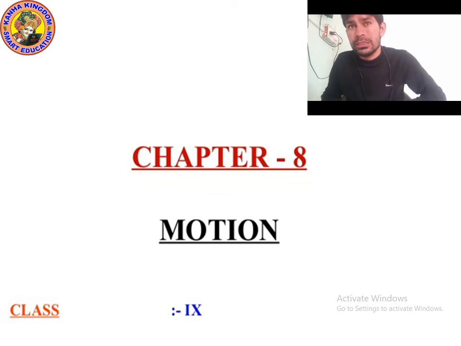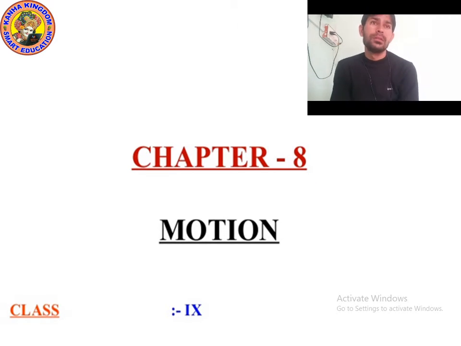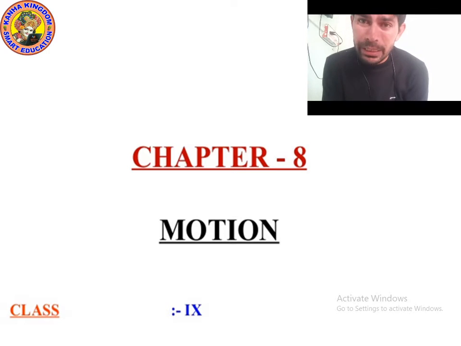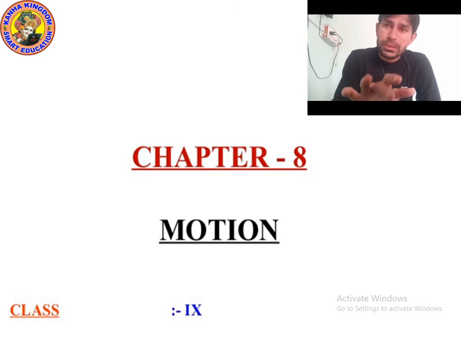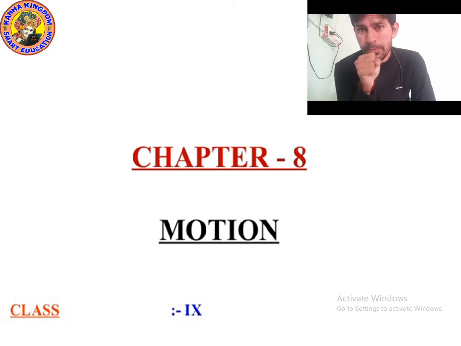So changing from one position to another position. I will show you the motion. Motion can be uniform and motion can be non-uniform also. We will see a lot of examples also. So first of all, let's talk about the types of motion. Let's move on to the next point.